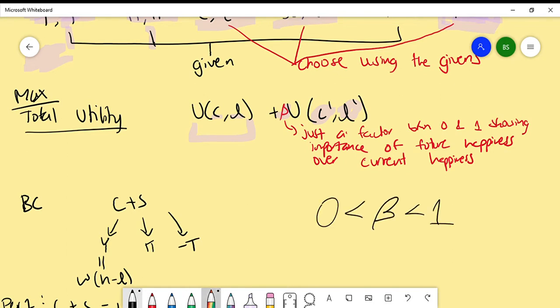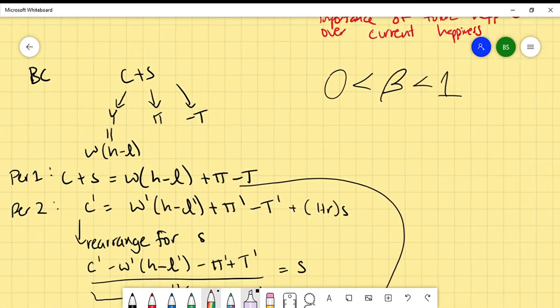It shows that current happiness is worth more than future happiness, because we have present bias. If we're gonna enjoy something right now, we know we're gonna enjoy it, so there's no uncertainty, and because of that we value current happiness over future happiness. So our total utility in the future is a bit less, hence the little beta.